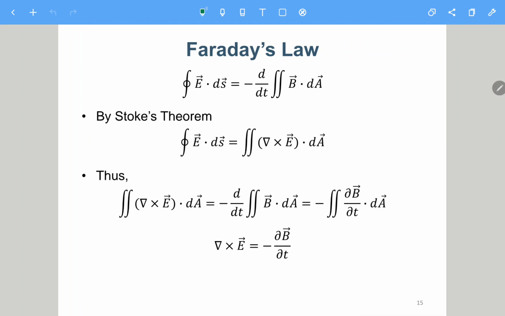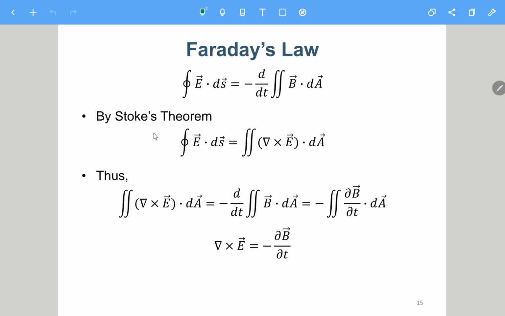Next is Faraday's law. For Faraday's law, originally it looks like this: E dot ds for the closed loop, or the Amperean loop. On the right side it is negative d dt of phi B, where phi B is a double integral of the B field.